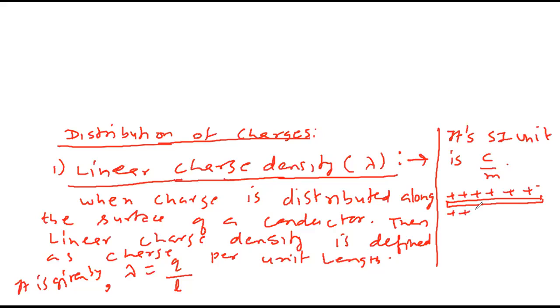Then that type of distribution is called linear charge density. Suppose I consider a very small part of this length dl, on which we assume the charge is dq. Then we can say lambda is dq upon dl. Either total charge and total length, or small charge and small length, the ratio will not change. So just draw this diagram and write this, because in 12th we will require this dq by dl is also lambda.